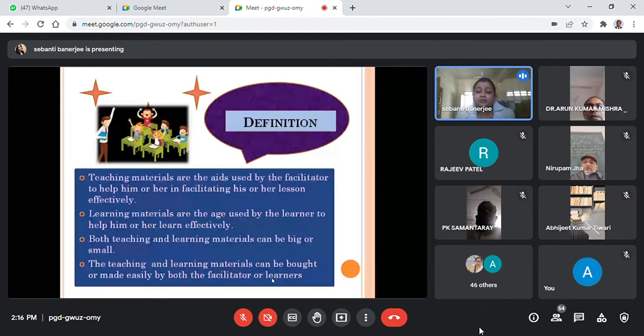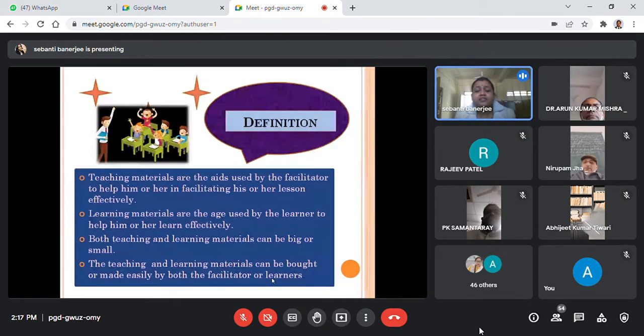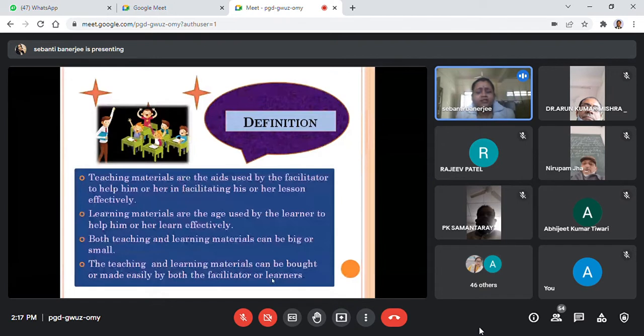Teaching learning materials can be big or small. The TLMs can be as small as a magnet, or as big as different types of models which can be kept in a corner of our classroom. And of course, the teaching learning materials can be bought or made easily by both the facilitators and the learners. It doesn't mean that always the teachers have to take the responsibility.